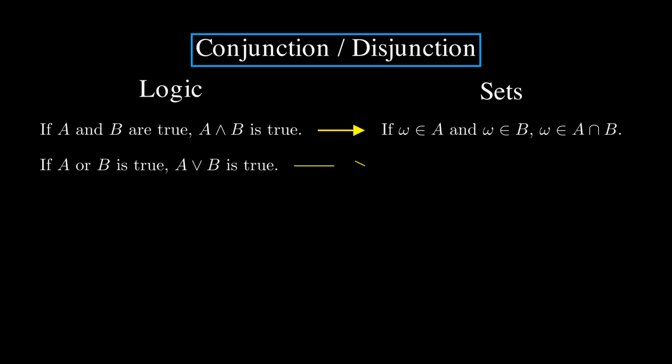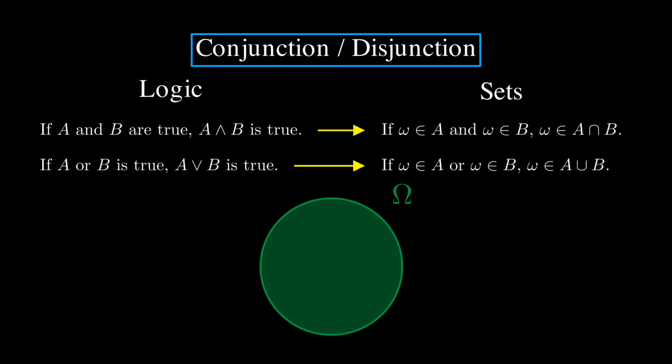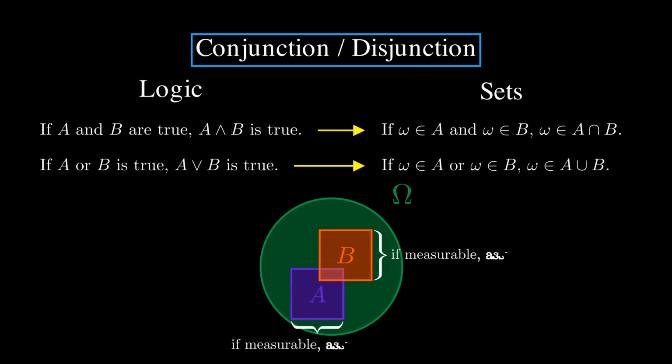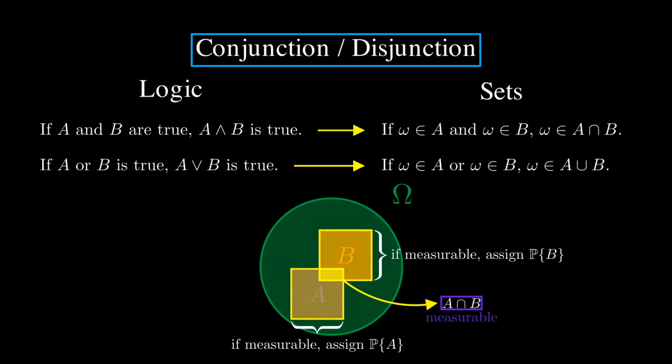And in terms of sets, this is simply the union. If an outcome lies in at least one of A and B, then it also lies in the union of A and B. So if we have two measurable sets, A and B, we know which elements are contained in them and how much probability we should assign to them. So we can also look at their union and their intersection and assign a corresponding probability to them, which means that they also need to be measurable.